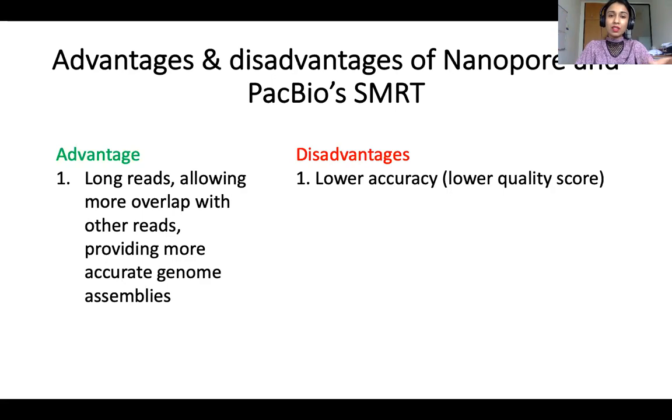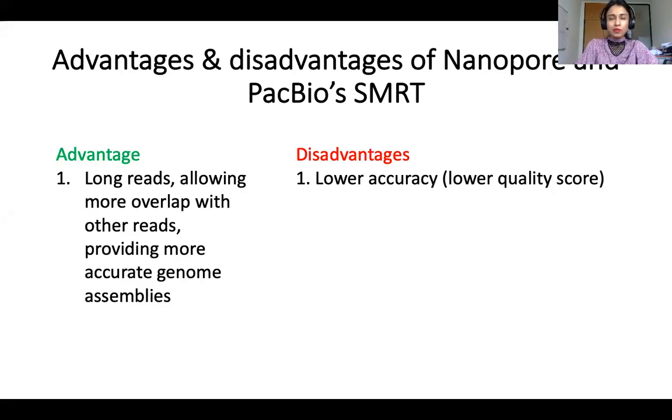But with third generation sequencing, you can get really long reads, which will help you with covering up the gaps in your circle, right? However, the major disadvantage is, of course, lower accuracy. As I said, the shorter your reads are, the more accurate your data is, right?